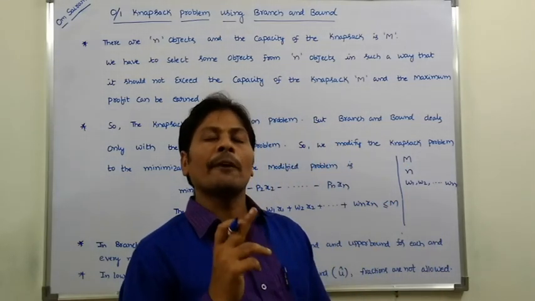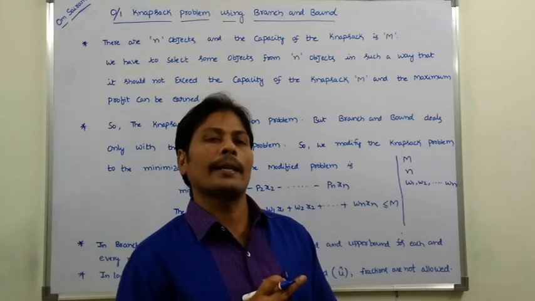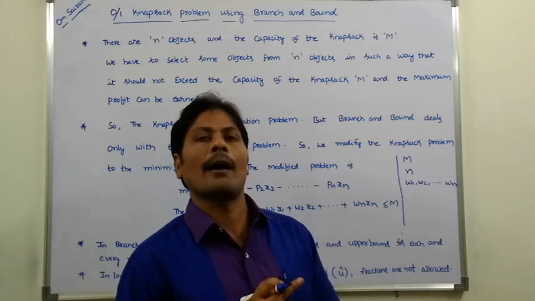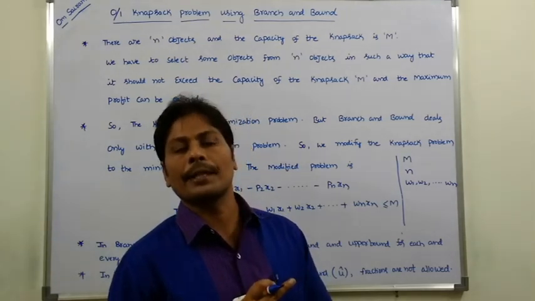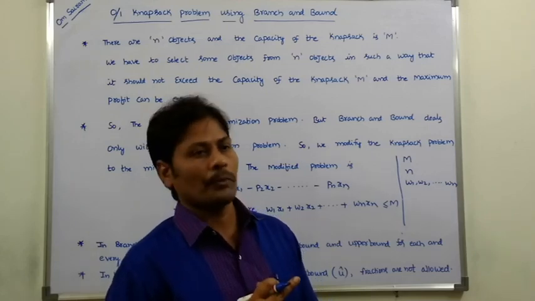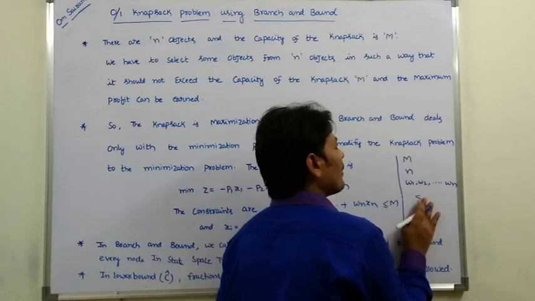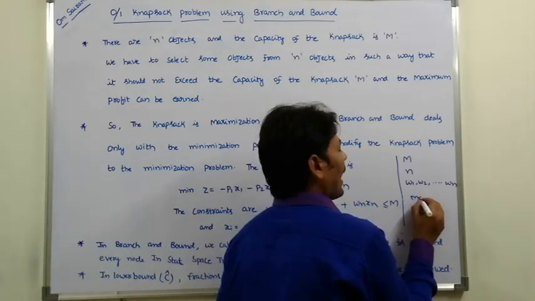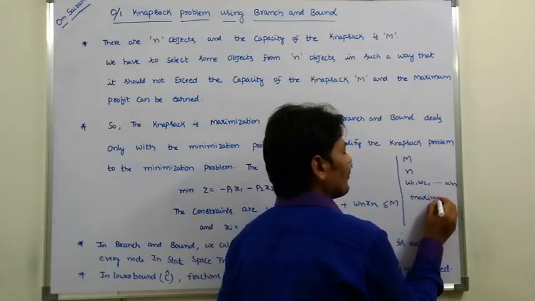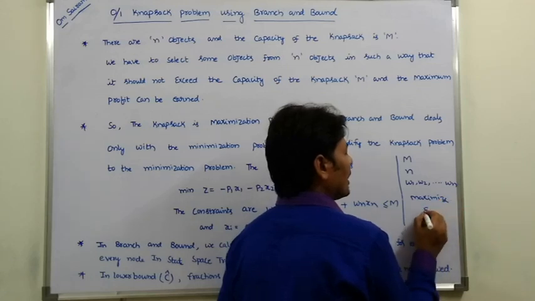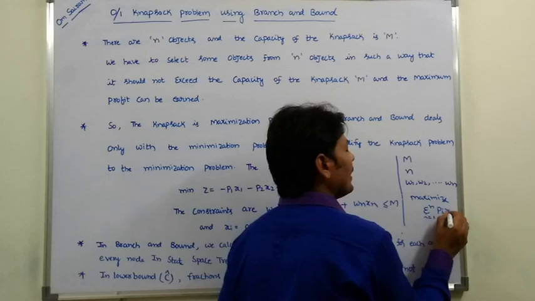The sum of the weights of the objects is always less than or equal to the capacity of the knapsack. Our objective is to maximize the profit, that is, maximize sigma i equals 1 to n of pi xi.